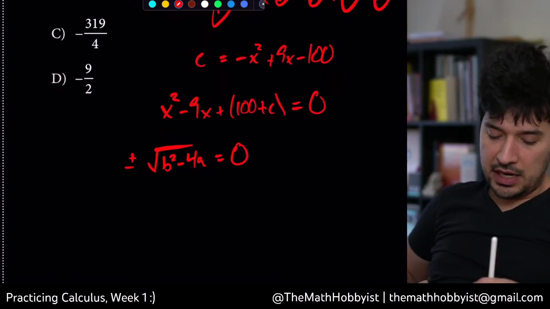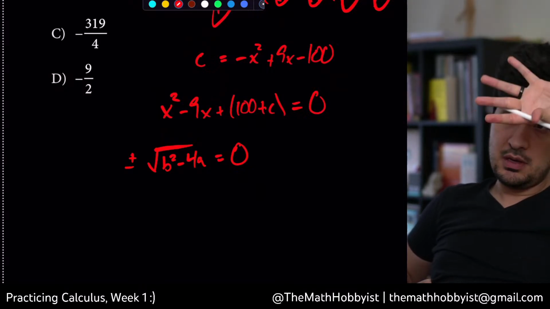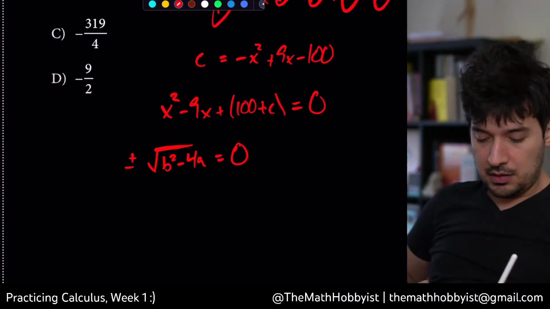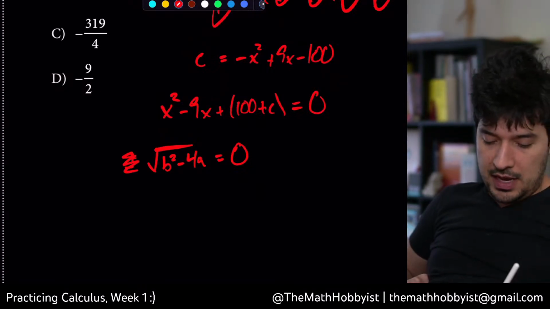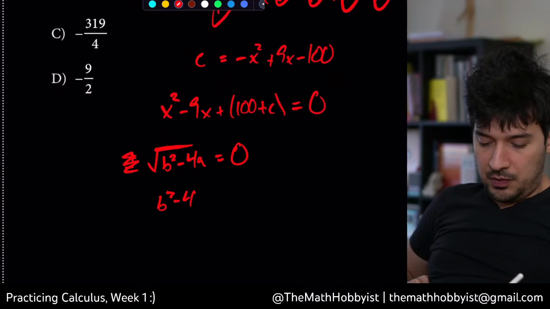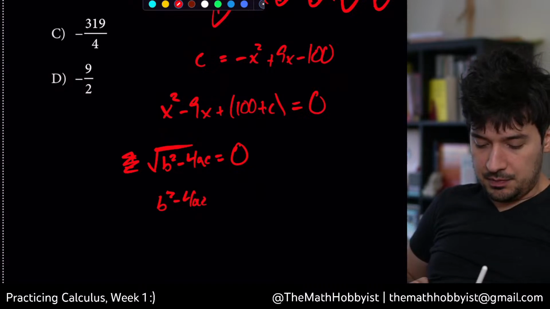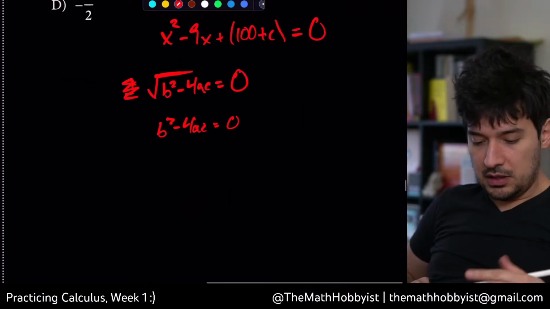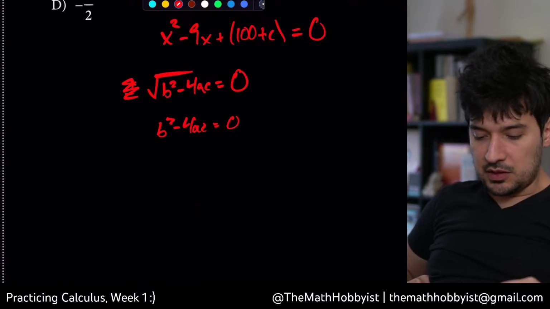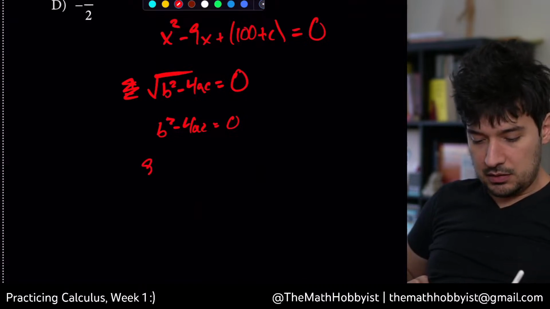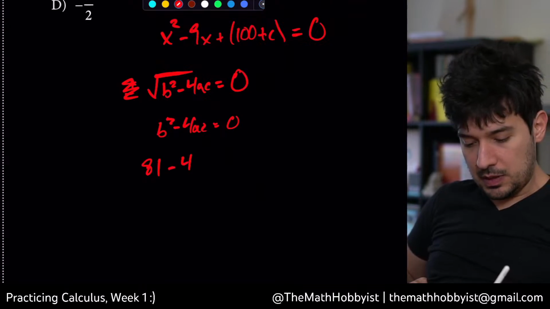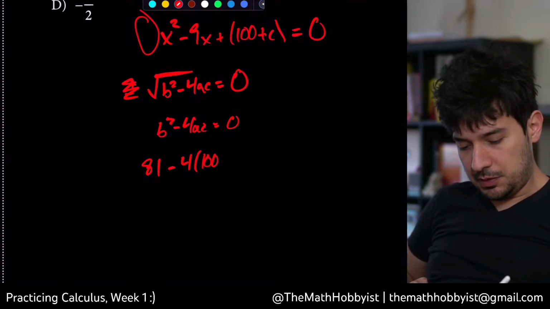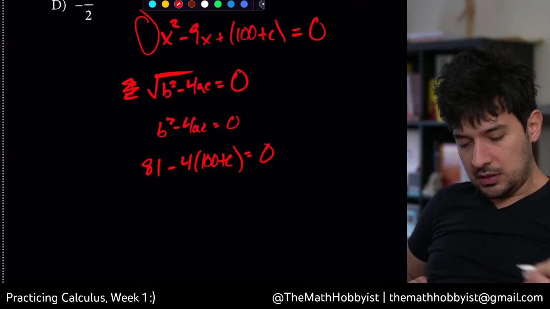This quadratic equation doesn't have plus and minus the discriminant factor. And I'm overloading the term c, but b squared is going to be 81 minus 4 times a, which is 1, times 100 plus c, equals 0.